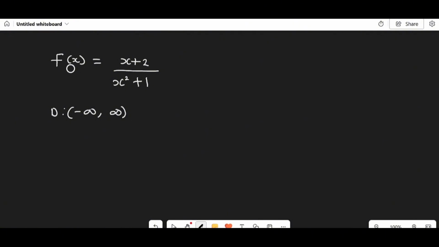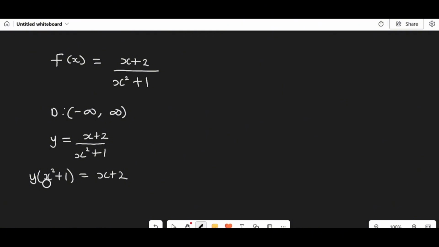Now we want to find the range. Let us replace f of x with y. So we have y equals x plus 2 over x squared plus 1. Let us cross multiply. If we cross multiply, we have y times (x squared plus 1) equals x plus 2.